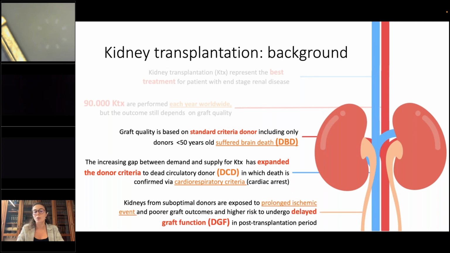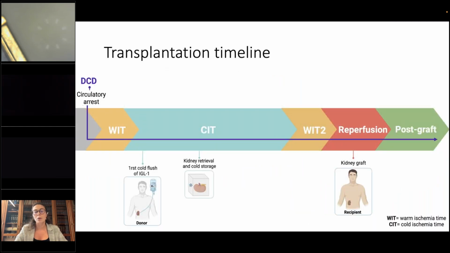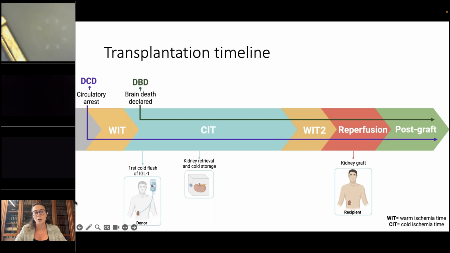The problem with kidneys coming from these suboptimal donors is that they are exposed to a prolonged ischemic event, which generates in the patient a condition named delayed graft function in the post-transplantation period. When we look at the transplantation timeline, we can directly spot the difference between the brain death donor and the circulatory death donor.